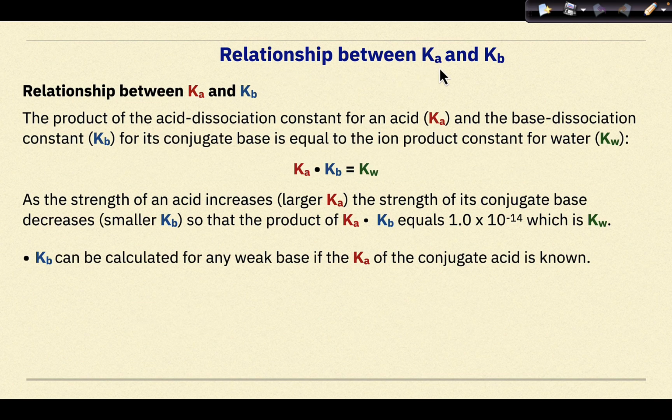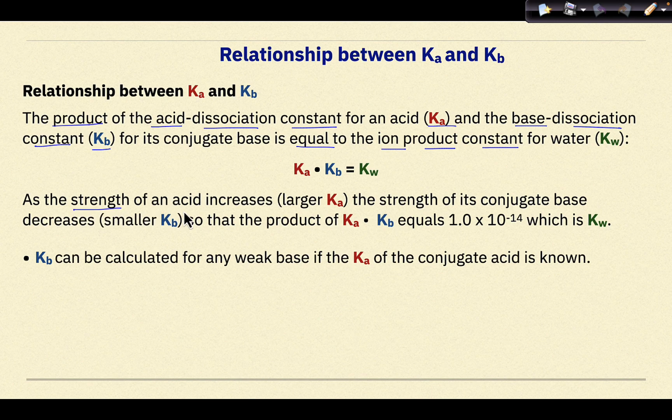Relationship between Ka and Kb. The product of the acid dissociation constant for an acid, Ka, and the base dissociation constant, Kb, for its conjugate base is equal to the ion product constant for water, Kw. This is represented as the formula Ka times Kb is equal to Kw.